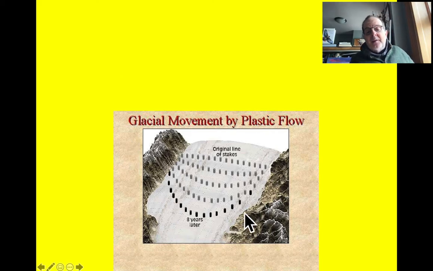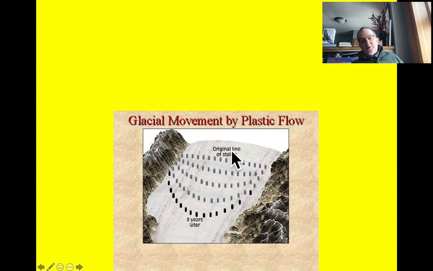So plastic meaning that it's not a liquid, except perhaps a little bit based on pressure might form at the bottom of the glacier. The pressure might change some of the ice into liquid. But what you can see is if you have the original line of stakes where the glacier first began to move, there's a slow descent of the accumulated snow.